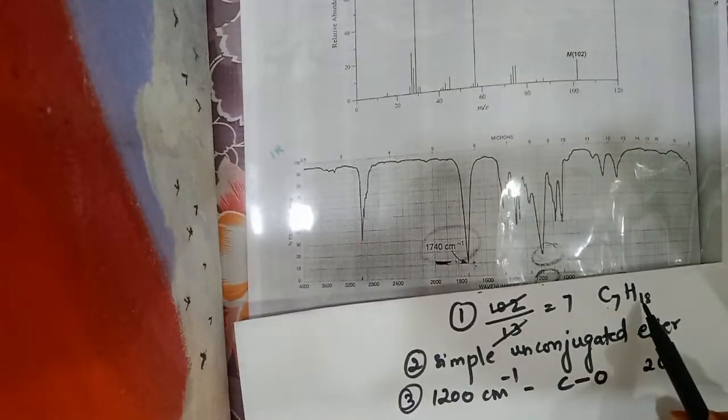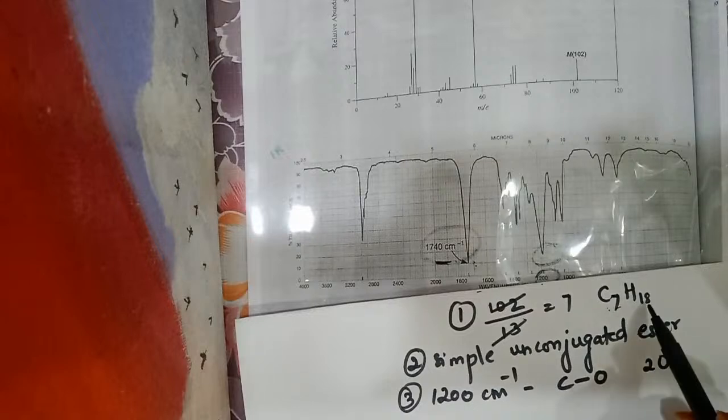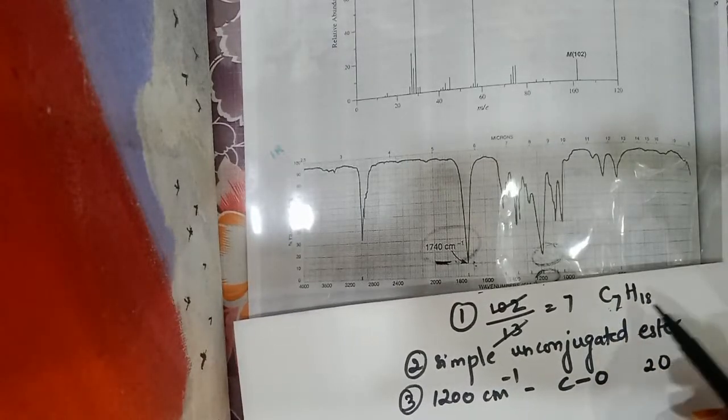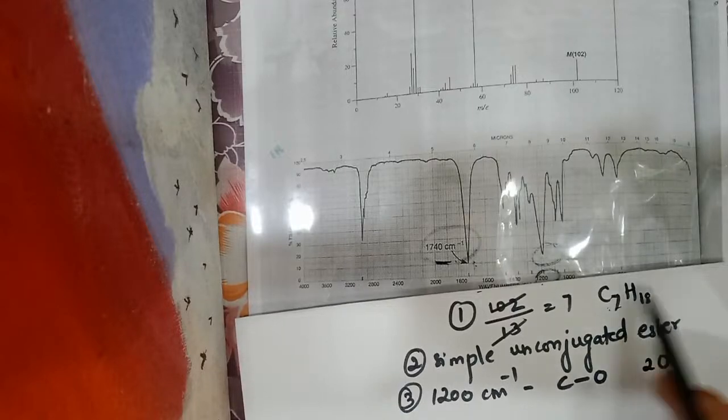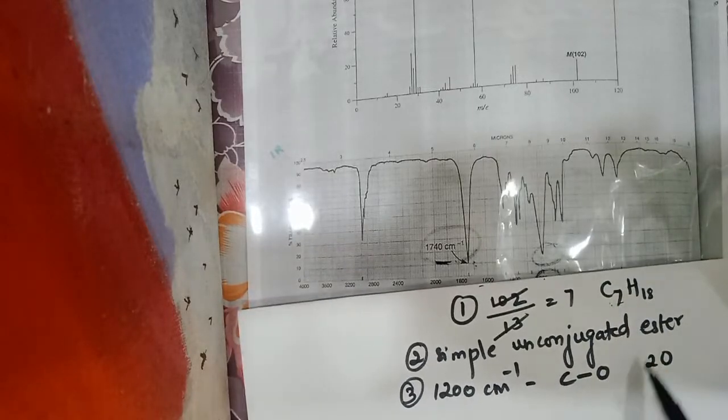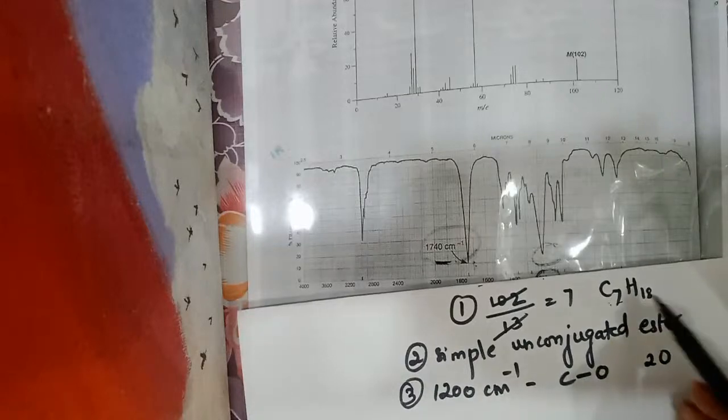So we have used rule number 13 for finding out C7H18. Now we can modify this formula. We got 2 oxygens also, so we have to adjust the oxygens over here.